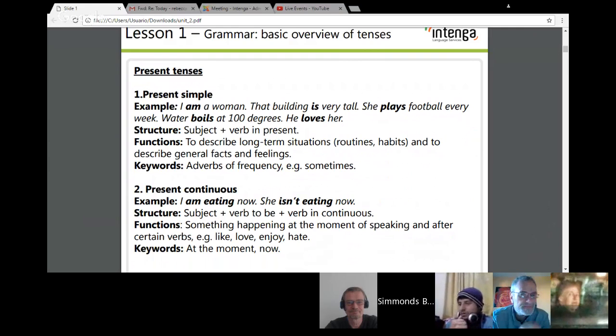Water boils at 100 degrees. He loves her. Structure. Subject plus verb in present. Functions. To describe long-term situation, routines, habits, and to describe general facts and feelings. Keywords. Adverbs of frequency. For example, sometimes.